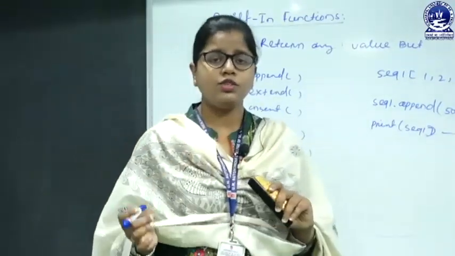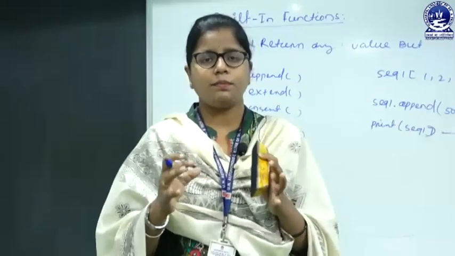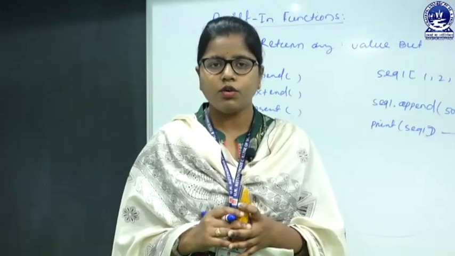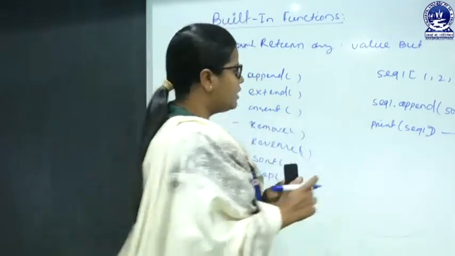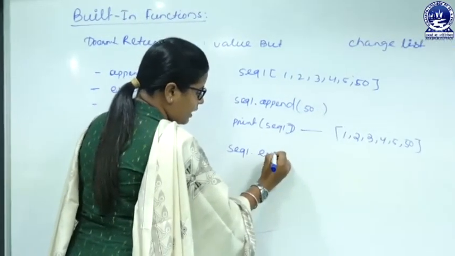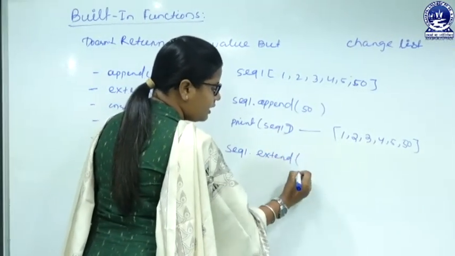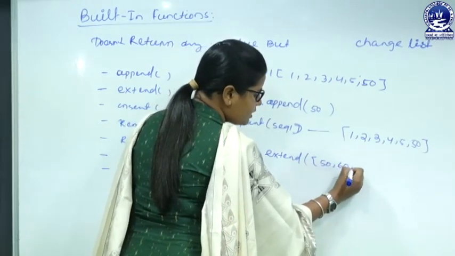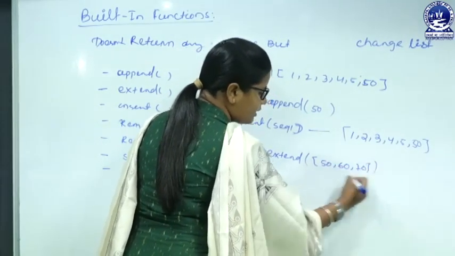But when we want to insert multiple values at the end of the list, then we will go for the extend function. Suppose I want to extend sequence 1, extend, and here I am adding some numbers like 50, 60, 70.